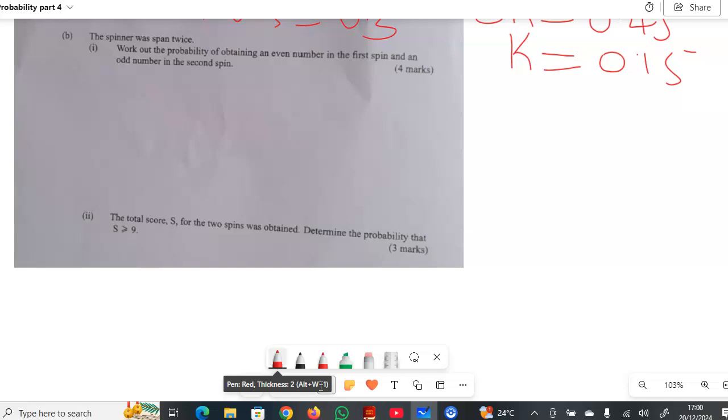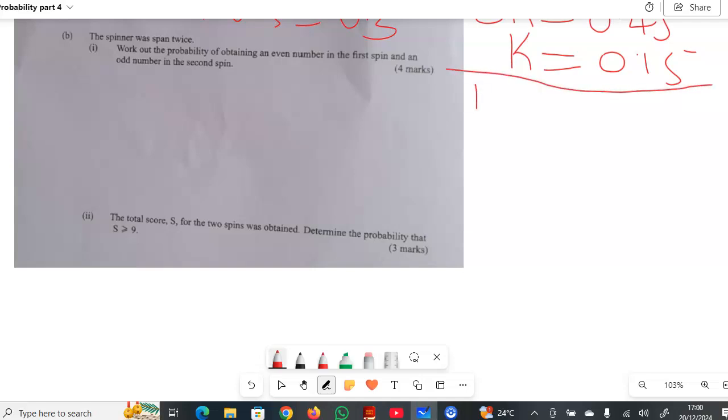So we have been told that the spinner was spun twice. Work out the probability of obtaining an even number in the first spin and an odd number in the second spin. What are our possible outcomes here? We can have the first spin being 1. So let's list the possible outcomes here.